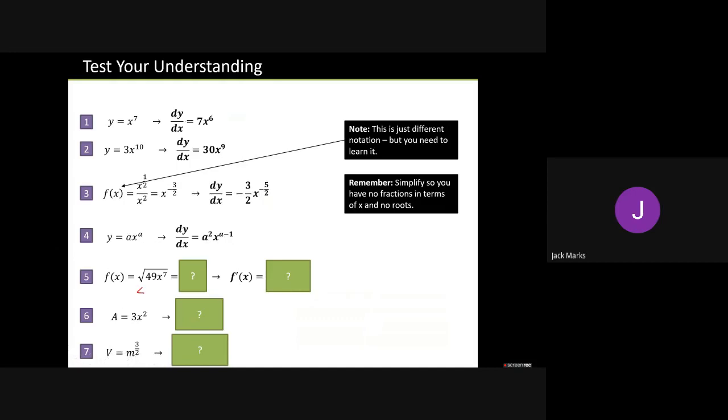This one here, 49x to the 7. Please remember that we apply the power to the number and to each variable, each letter. So 7 times a half.